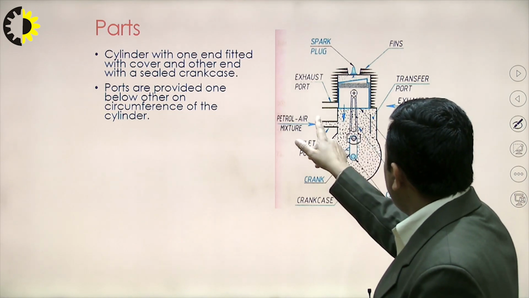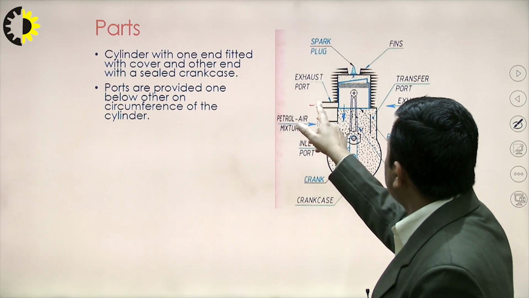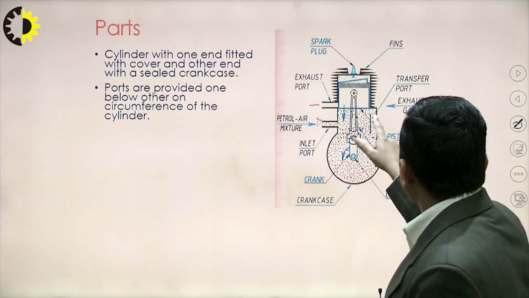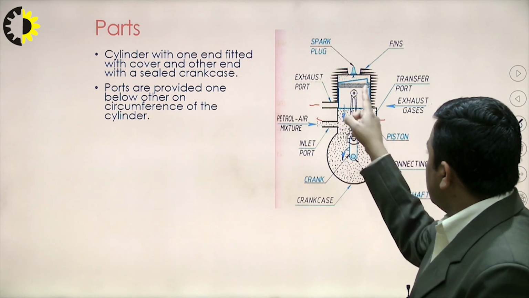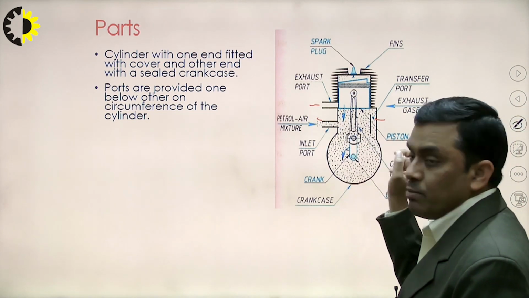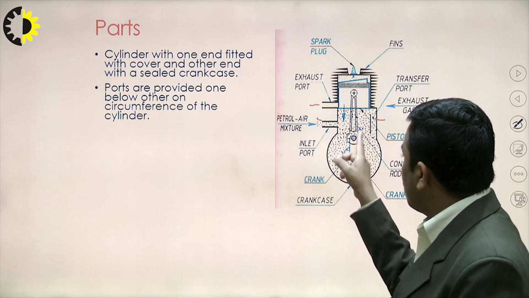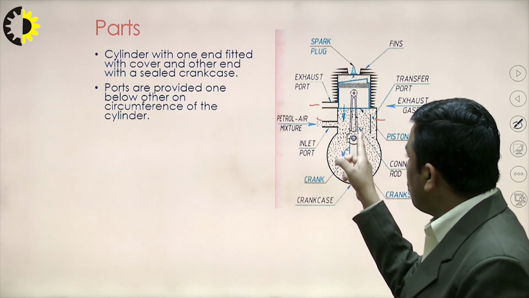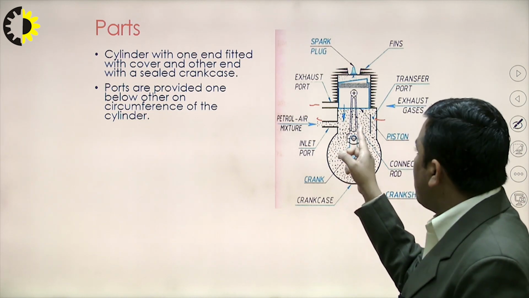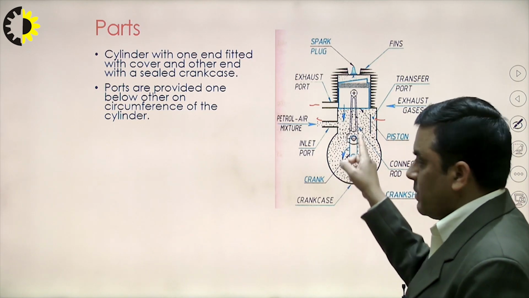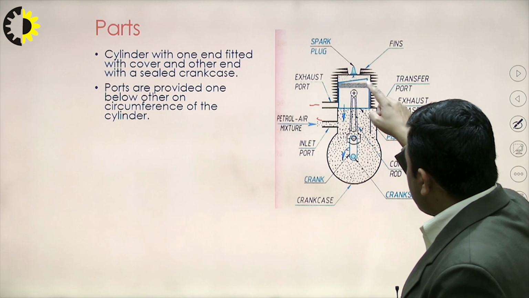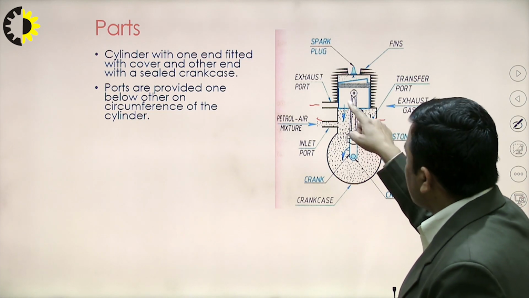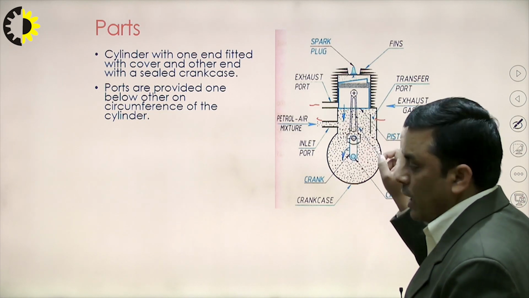Here is the inlet port, this is the outlet or exhaust port, and here is the transfer port we can see. The opening and closing of these ports are controlled by the motion of the piston. The piston is reciprocating, moving up and down, and by the position of the piston the closing and opening of the ports are controlled.